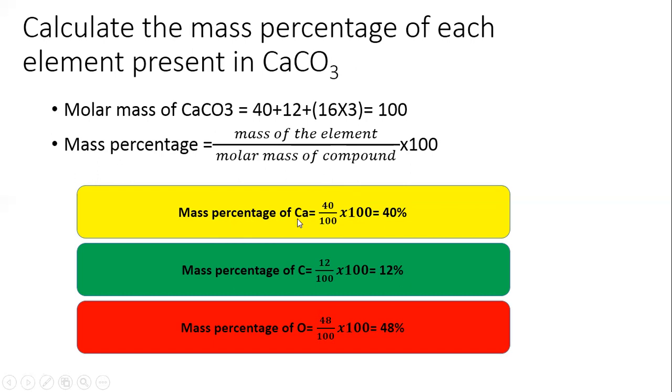Hence mass percentage of calcium equals 40%. Similarly, mass percentage of carbon equals 12 upon 100 into 100 equals 12%, and mass percentage of oxygen equals 48 upon 100 into 100 equals 48%. So with the help of this formula, we can determine the mass percentage of each element present in the molecule.